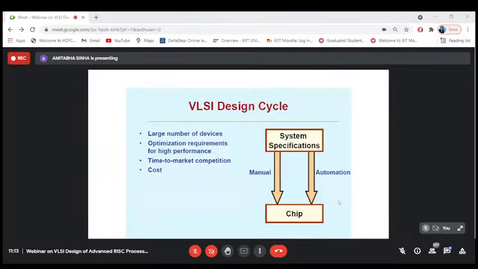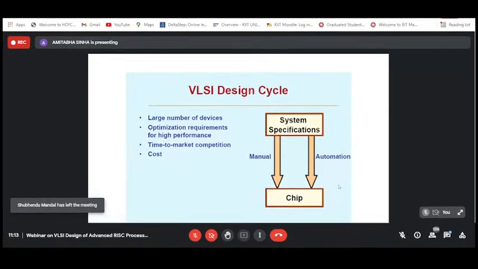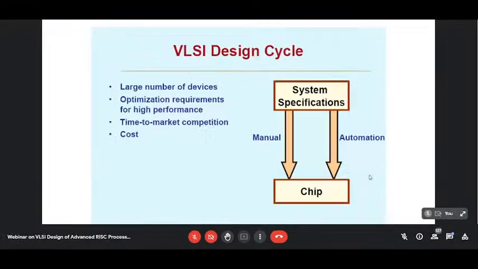So the design cycle is that some specifications will be given, and from the specifications a chip will be designed. So input is the specifications and output is the layout of the chip, and that is the task of the design automation tool that will do for you. Larger number of devices, optimization requirements for high performance, time to market competitions, cost: these are very important things.